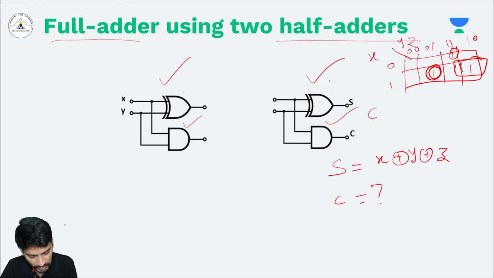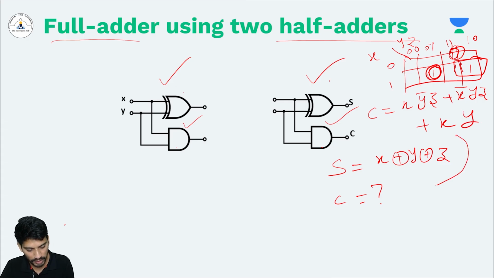So what is the expression for C? C is equal to this x y bar z, plus this one x bar y z, plus these two combined, which result in x y, right?